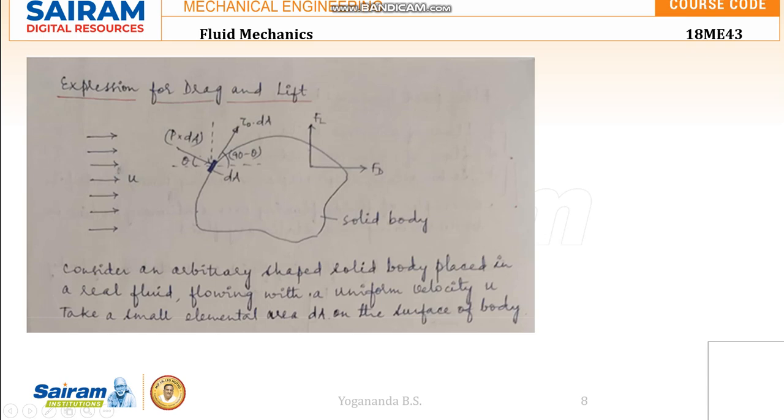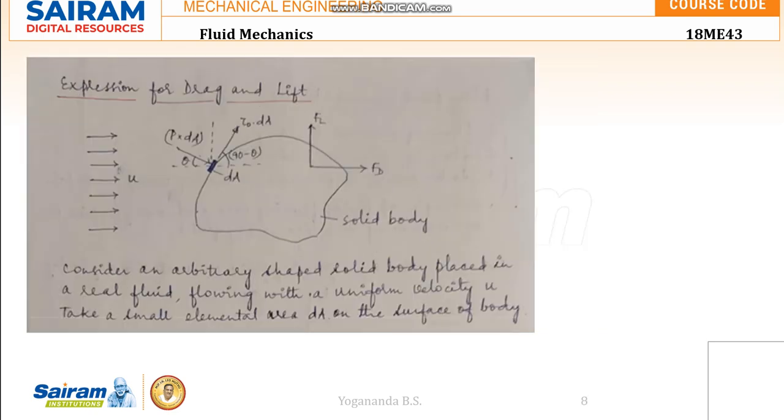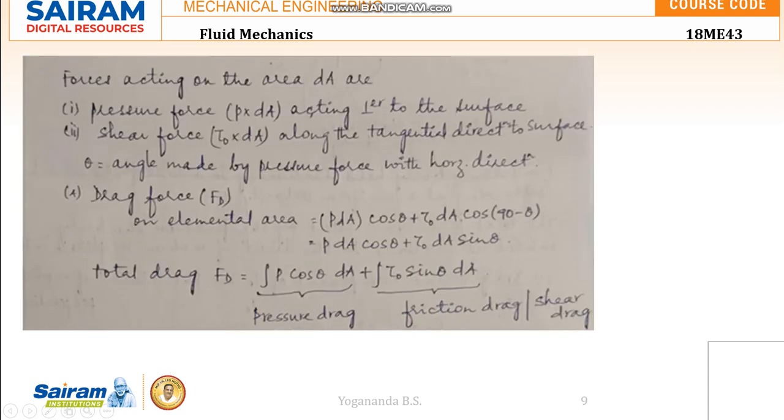So P dA is an inclined force which will be split into its horizontal and vertical components. Then the shear force tau naught dA, that is acting tangentially to the surface of the body. So here the angle made is 90 minus theta. Theta is the angle made by the pressure force with the horizontal direction.